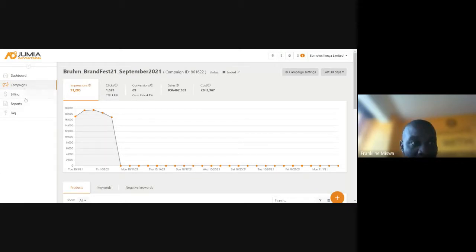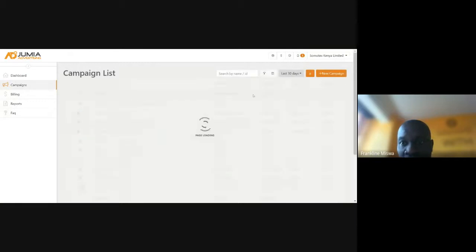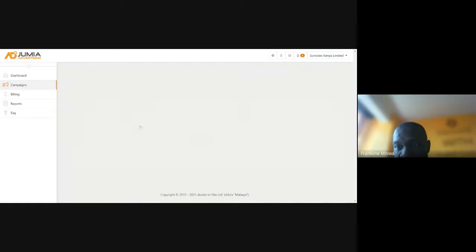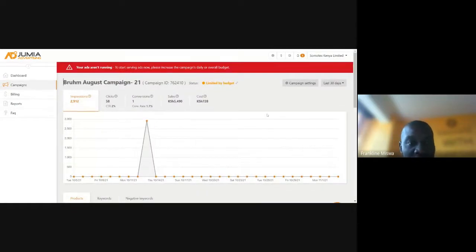Let's see on this other side for a manual campaign. Manual by keyword. We ran one August campaign, give or take. For 2,000 impressions only, they were able to get 58 clicks. CTR is above 2%. Conversion rate is low, but CTR is much better.